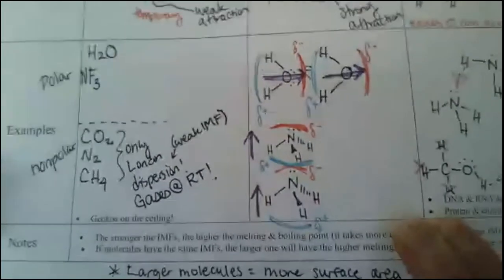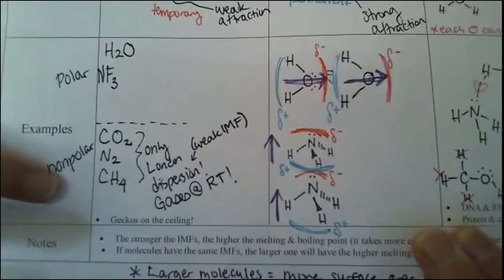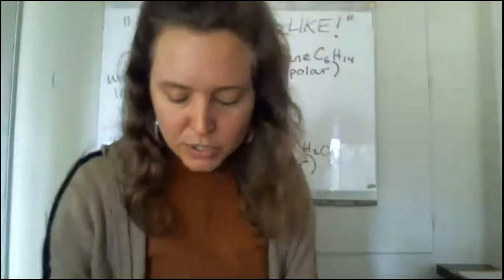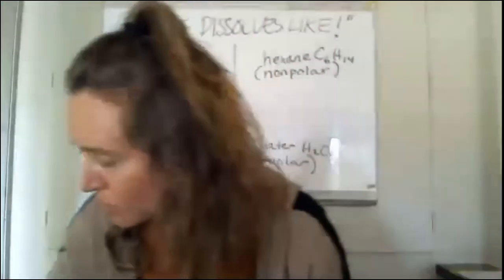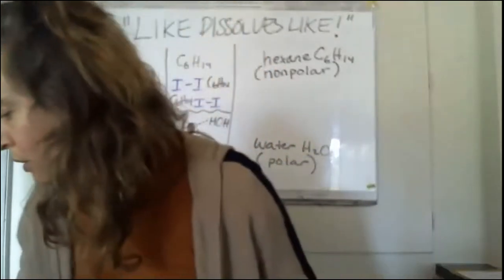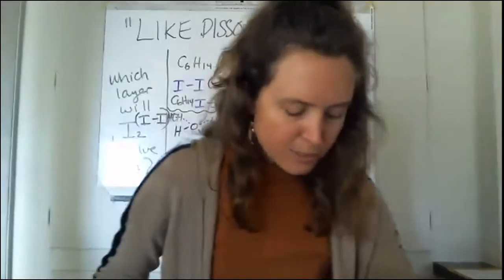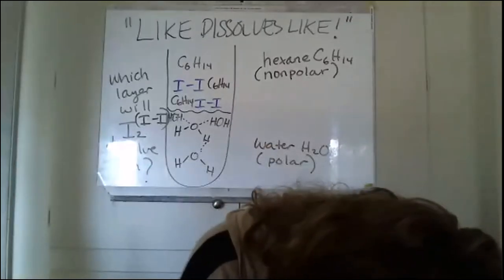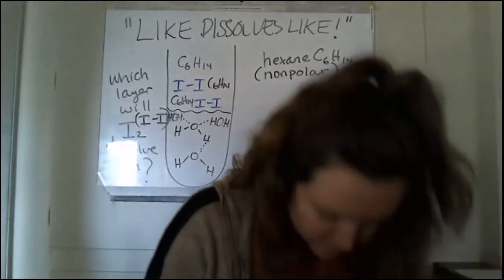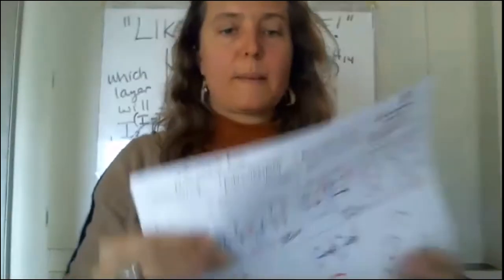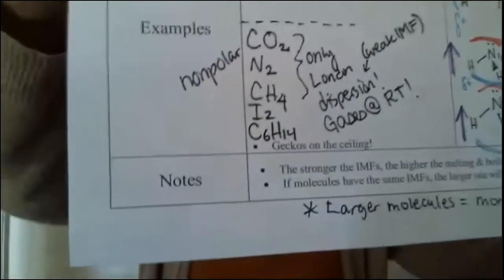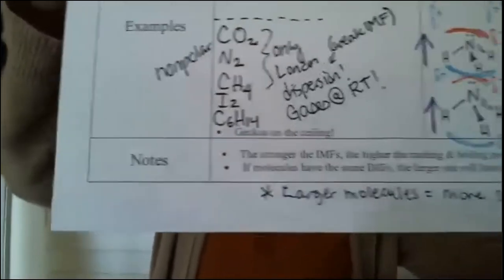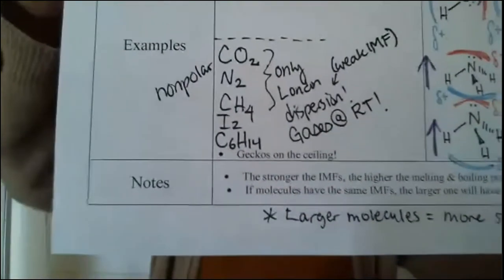So like these ones down here, nonpolar, right? So let's add I2 and hexane to our list of nonpolar molecules that can have London dispersion. Yeah, only London dispersion. So they're nonpolar, so only London dispersion.